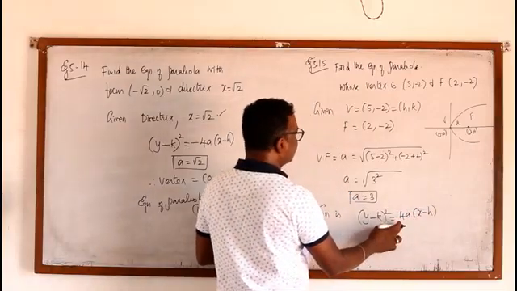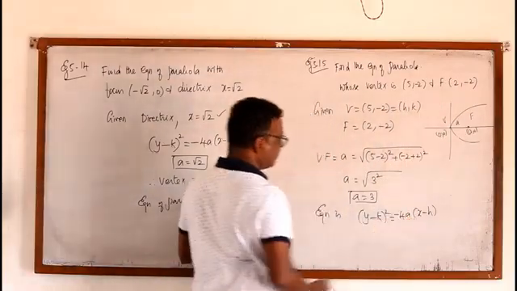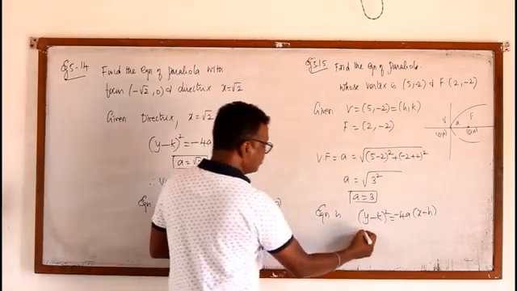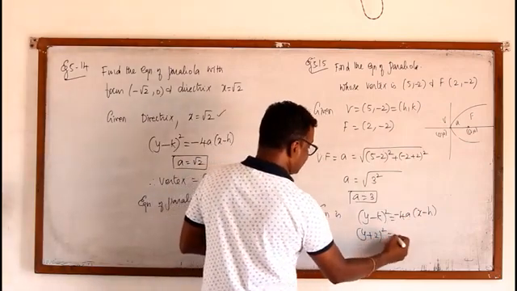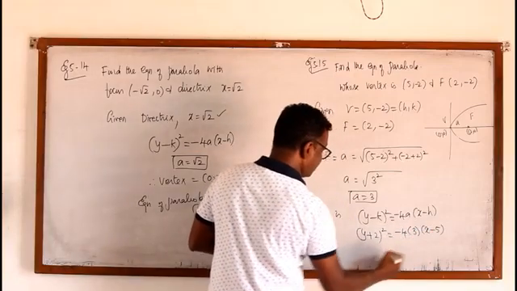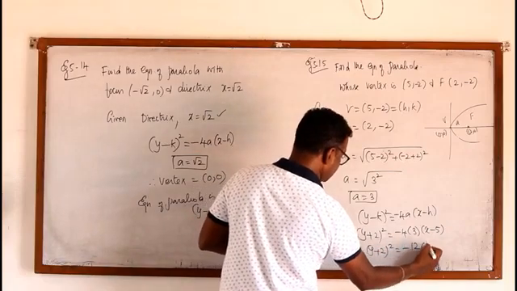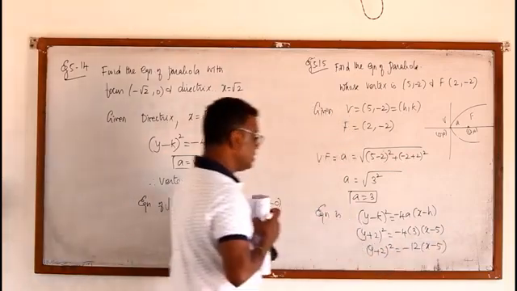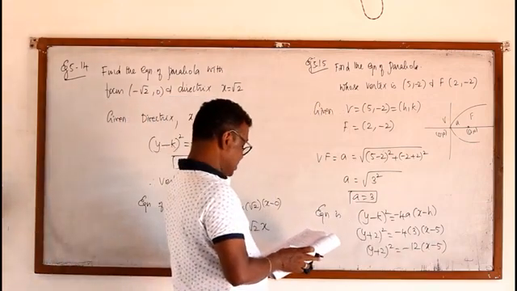Whether it is plus 4a or minus 4a, we can see minus is occurring in focus, therefore it is minus 4a. Now you substitute: (y plus 2) the whole square equal to minus 4 into 3 into (x minus 5). Therefore the parabola is (y plus 2) the whole square equal to minus 12 into (x minus 5).